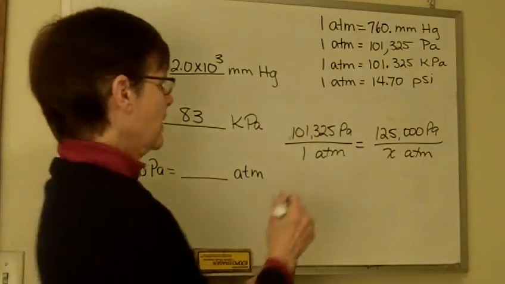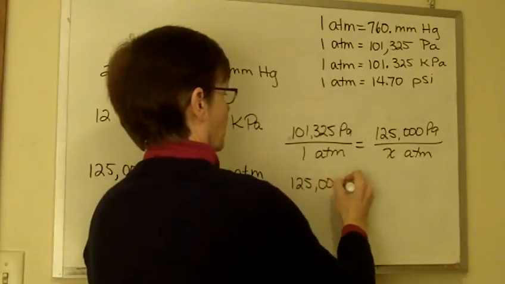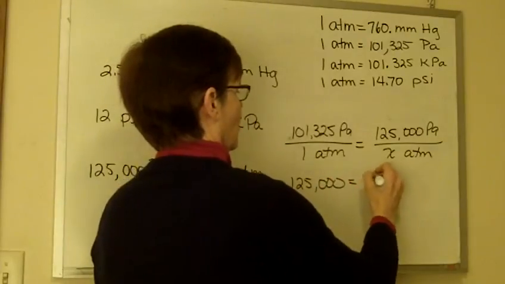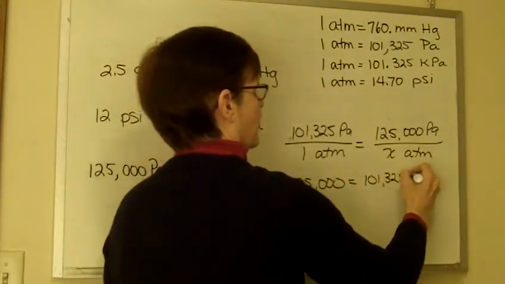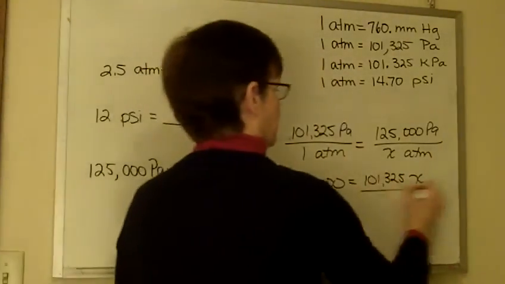All right, so let's solve this. We've got 1 times 125,000 equals 101,325 times x. So to get my answer, I'm going to have to do division.